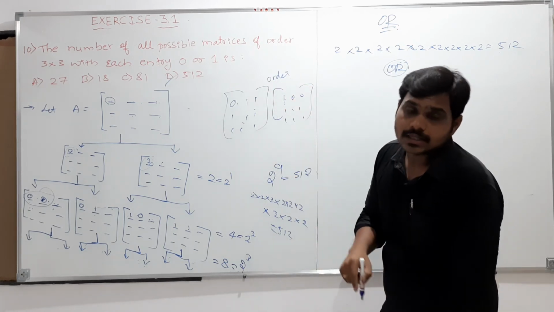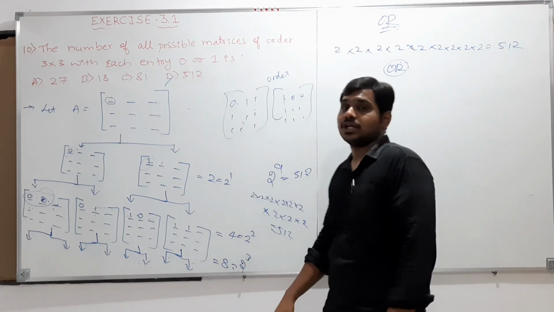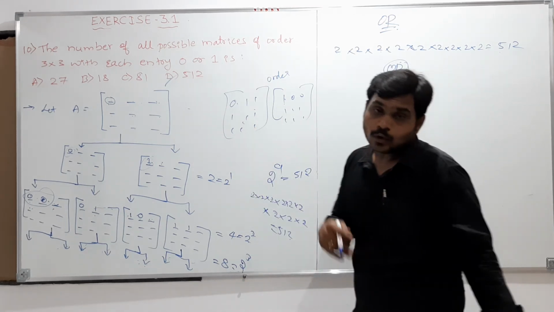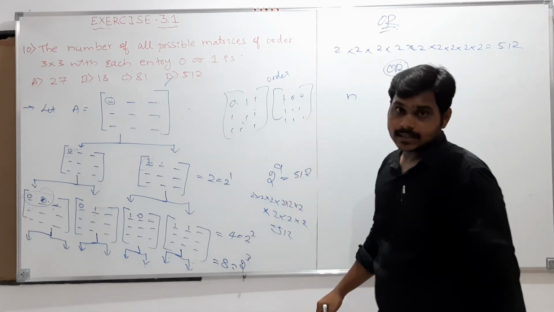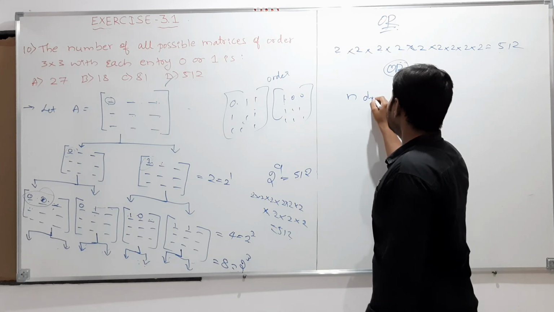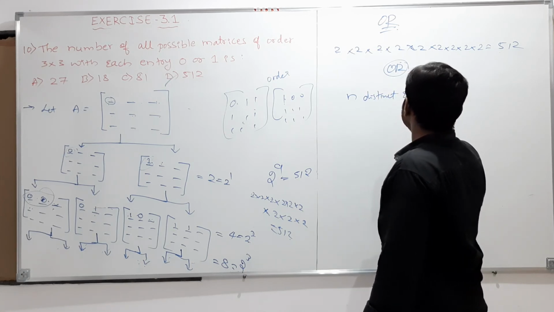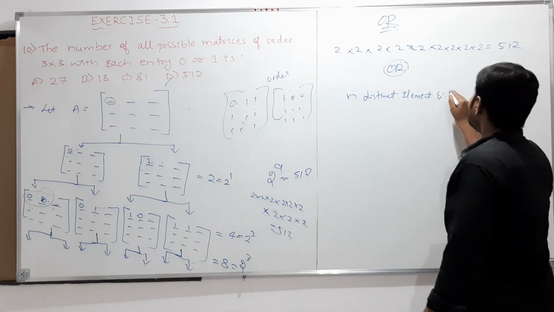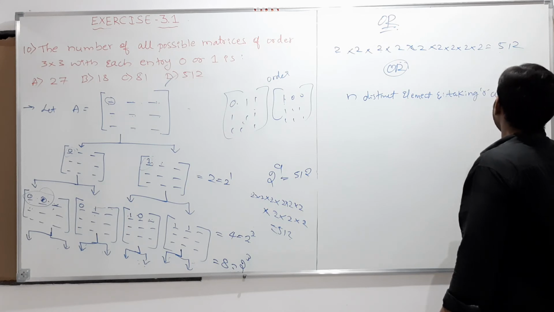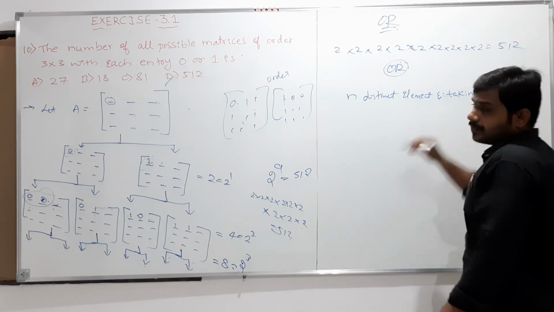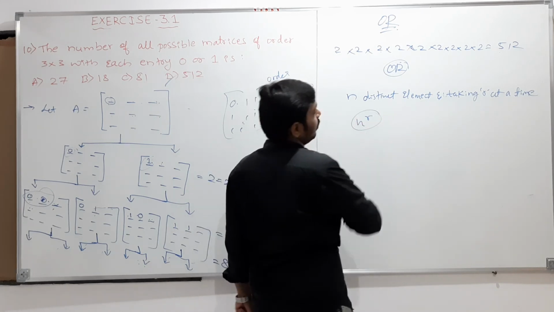If order is important, then we use the permutations we discussed in permutations and combinations. If we have n distinct elements and take r at a time, then the number of permutations is given by n to the power r.